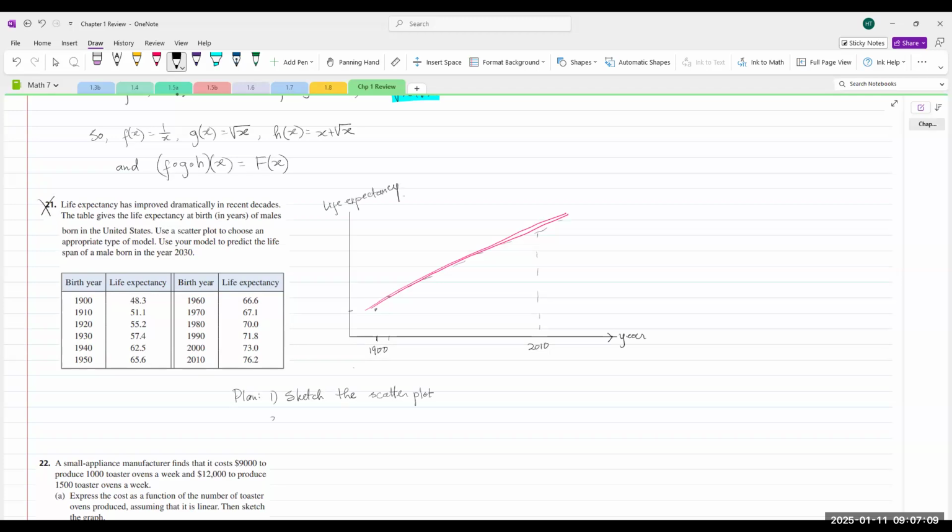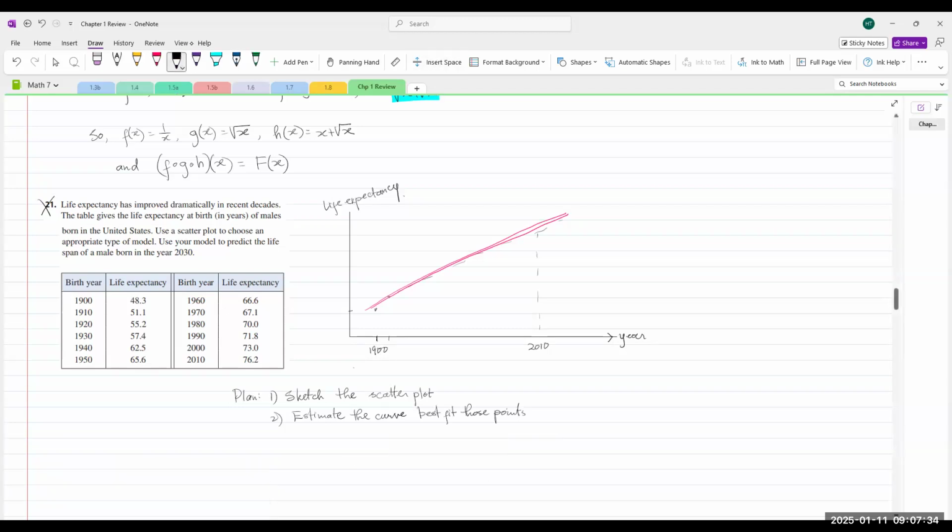Now, after that, estimate the curve of best fit for those points. Okay, usually we use a line.